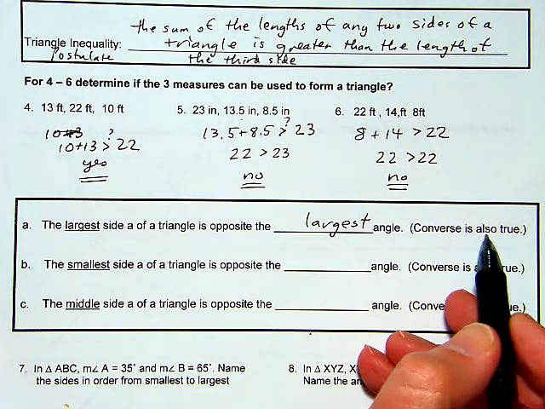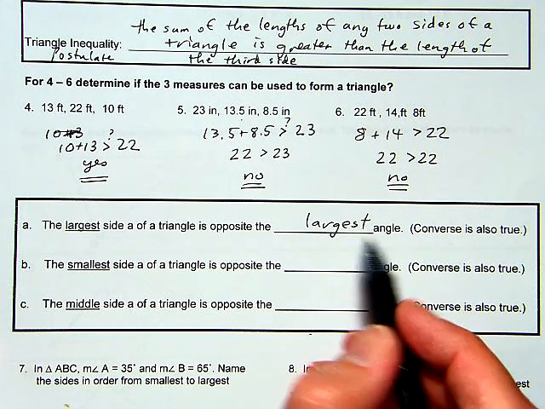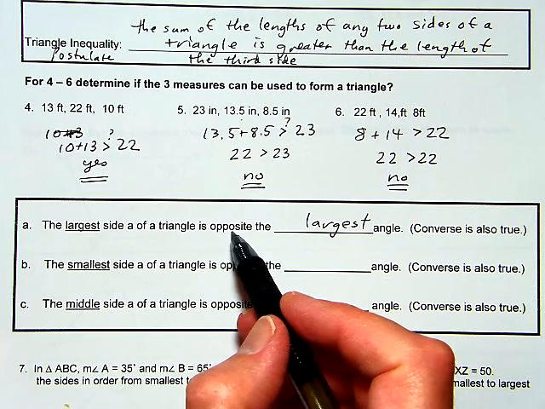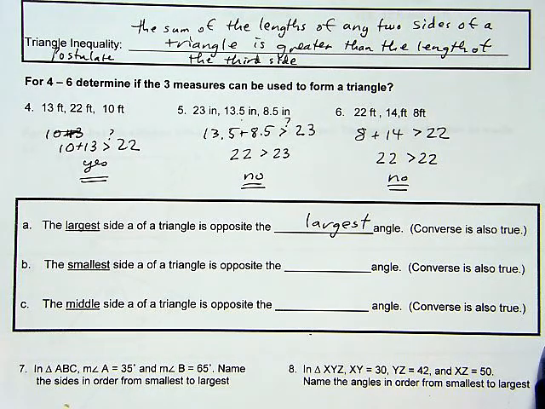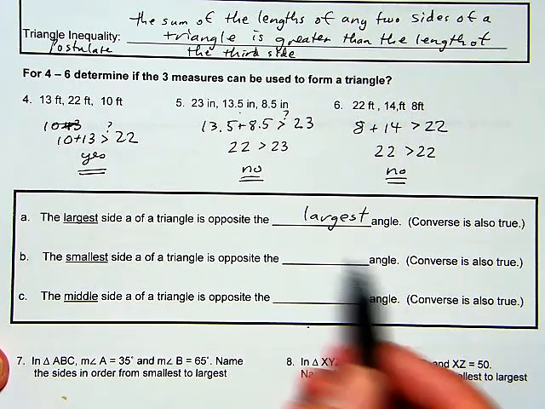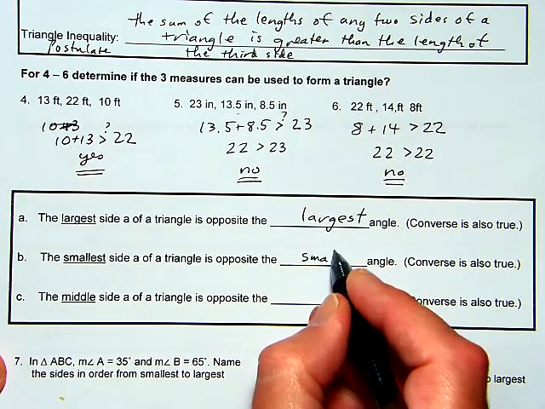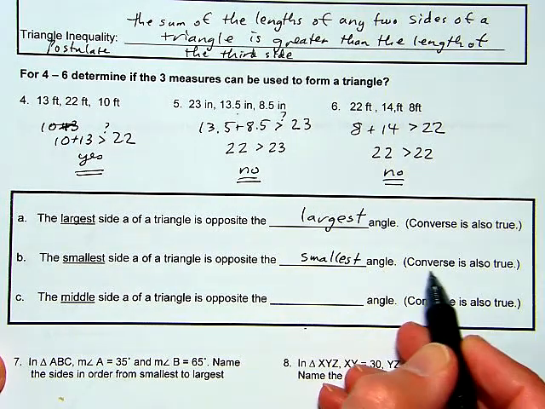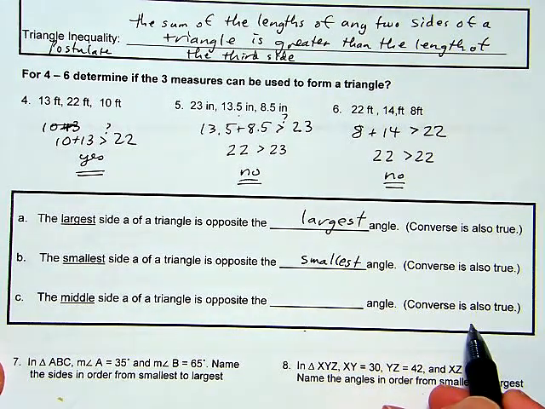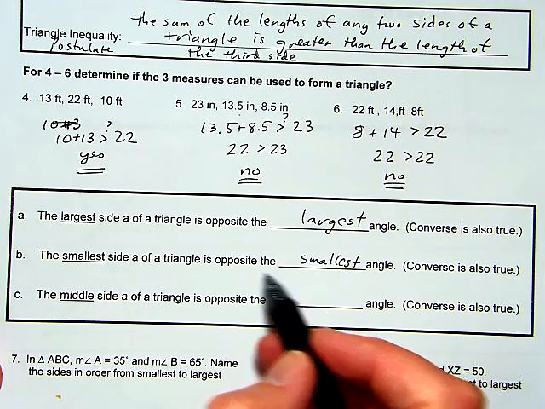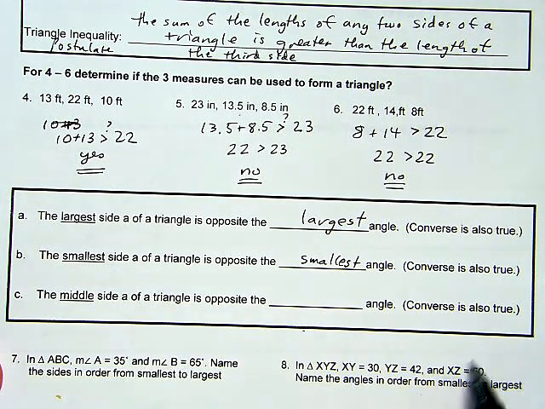And the converse is also true, so that the largest angle is always opposite the largest side of a triangle. The smallest side of a triangle is opposite the smallest angle. And its converse is also true. The smallest angle is always opposite the smallest side.